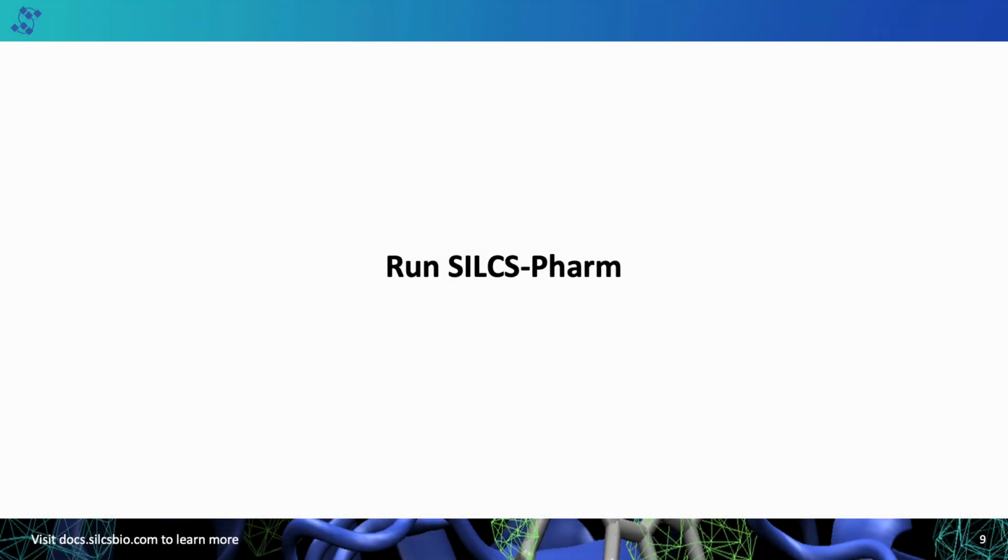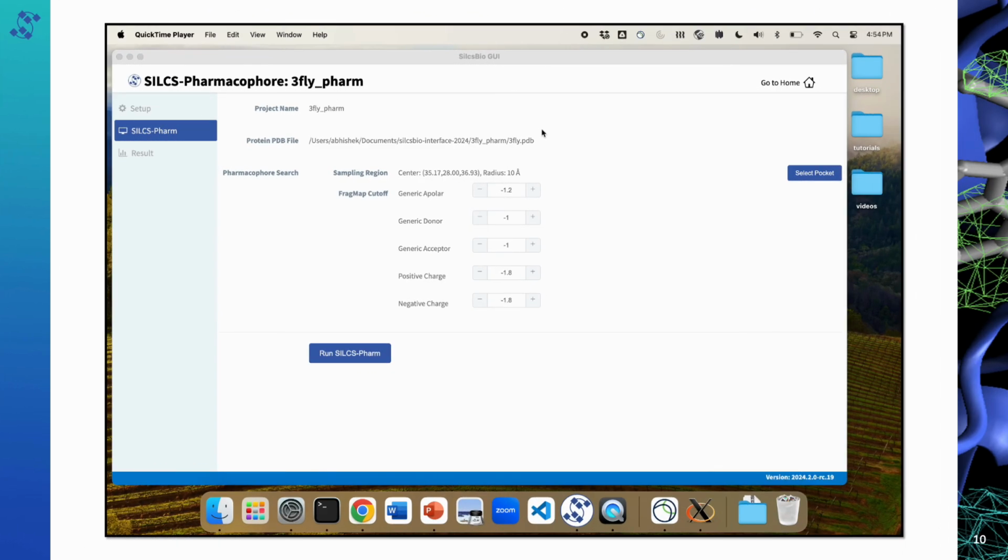Let's move on to running the SILCS-Pharm calculation. We have returned to the previous screen, which now shows sampling region information consisting of the spherical pocket center and radius. We also see default frag map cutoff values listed for selection of frag map densities to be used for creation of the pharmacophore features.